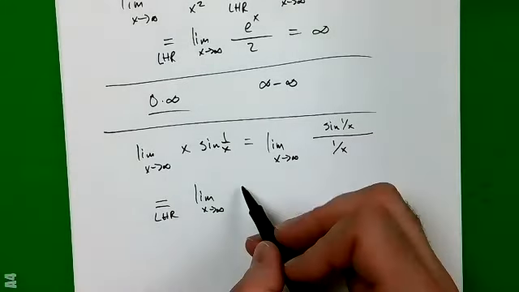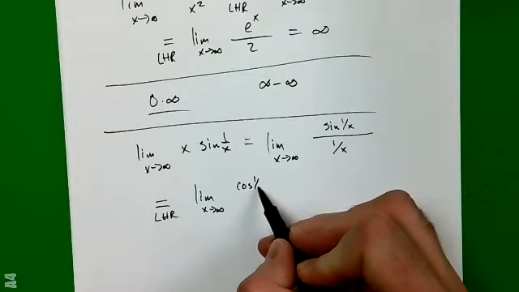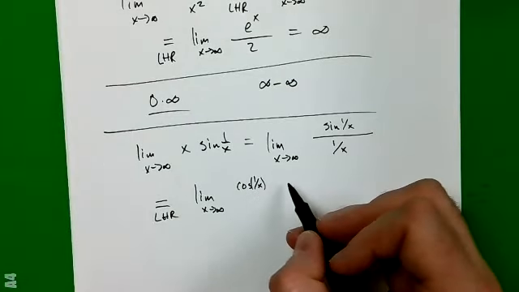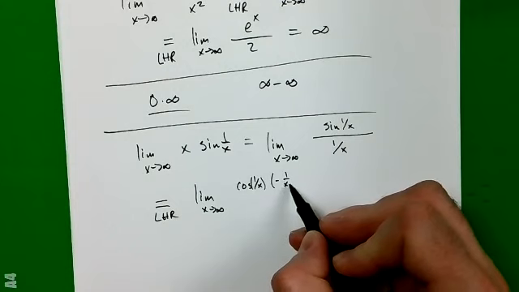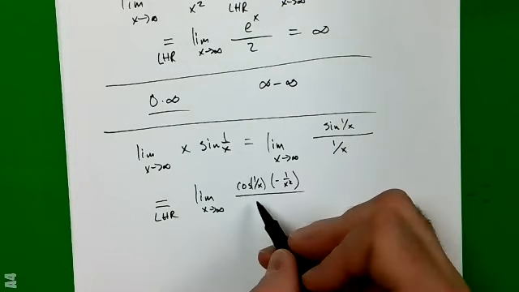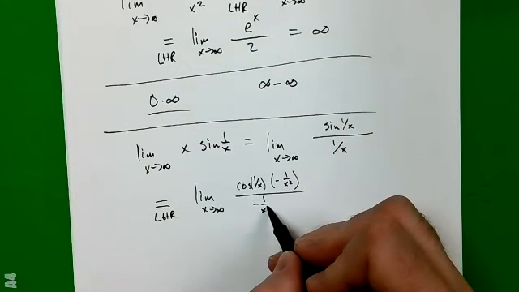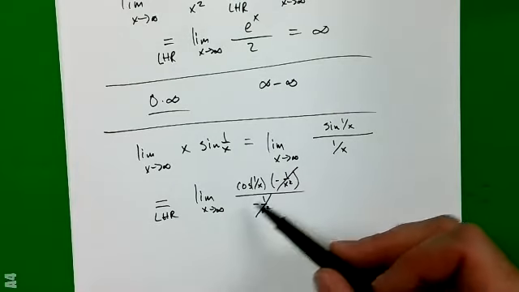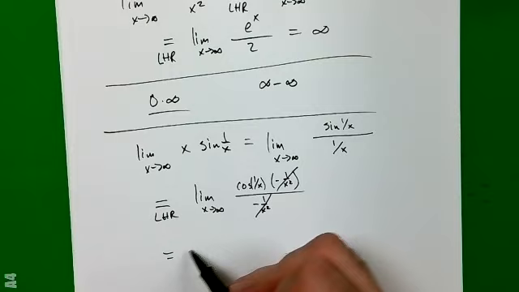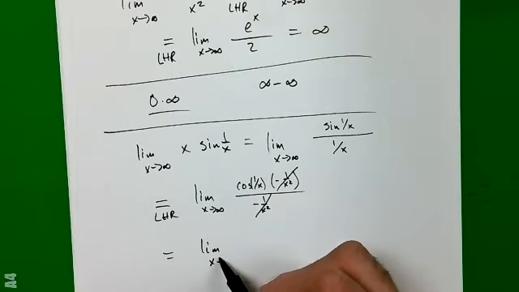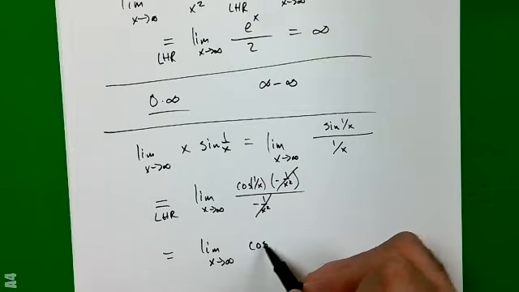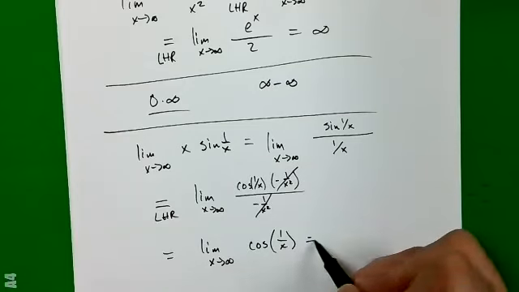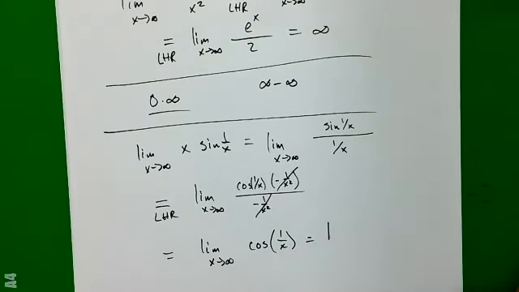So that would be cosine 1 over x times negative 1 over x squared over negative 1 over x squared. So those will cancel, and I get the limit as x goes to infinity of just cosine 1 over x, which is 1.